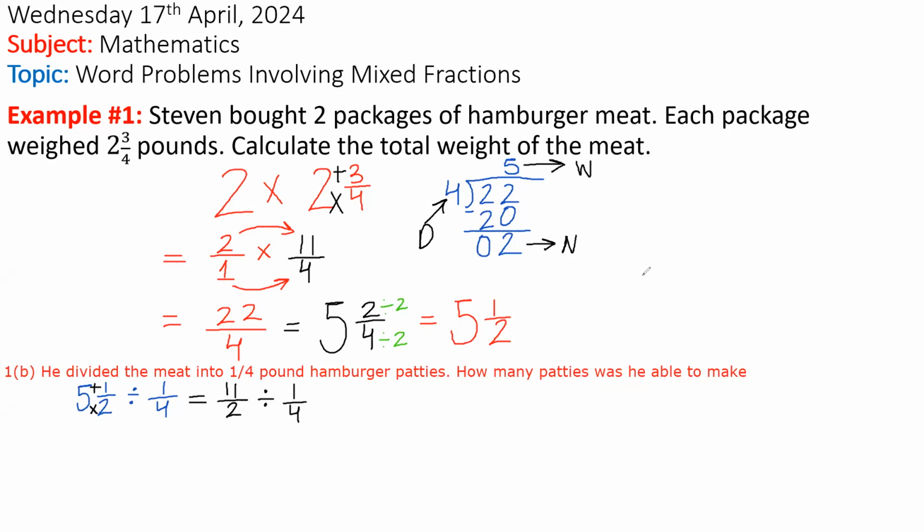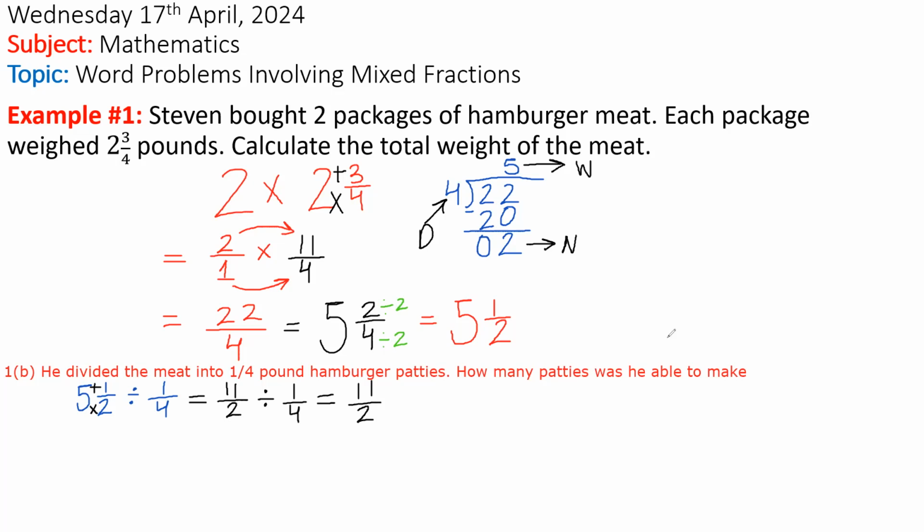So the first thing we're gonna do is we're gonna take the 11/2, right? We're gonna keep that. So don't move it. Keep the 11/2. What are we gonna switch? We're gonna switch the division sign into what sign?